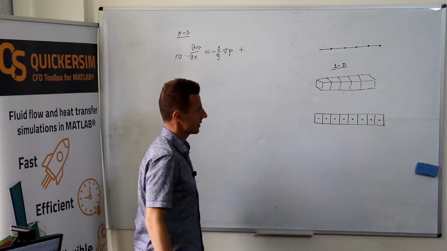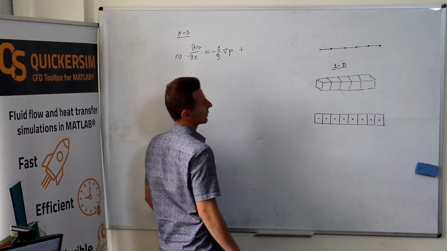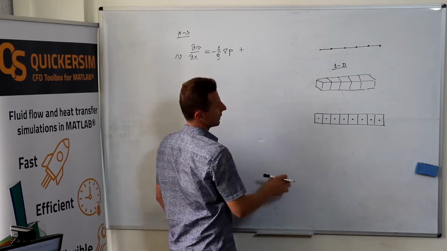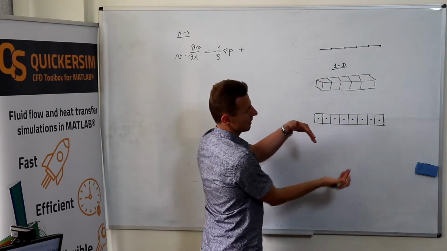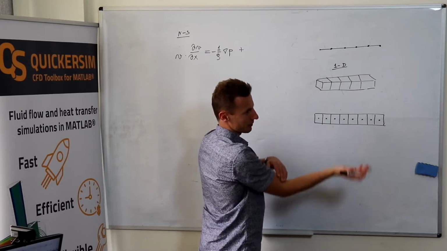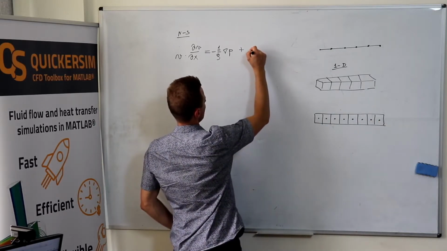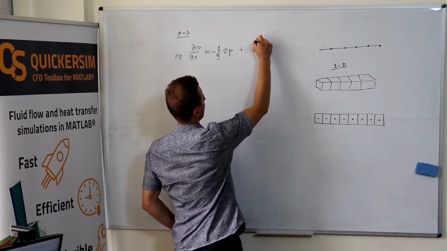Well, it's difficult to discretize the friction forces in 1D, because they mainly come from the parabolic distribution in the other direction, not in this direction. So this would be a bit stupid, but let me write it like that.